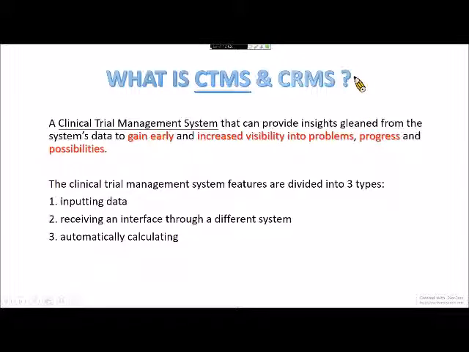The clinical trial management system features are divided into three types. 1. Inputting data. 2. Receiving an interface through a different system. 3. Automatical calculating.